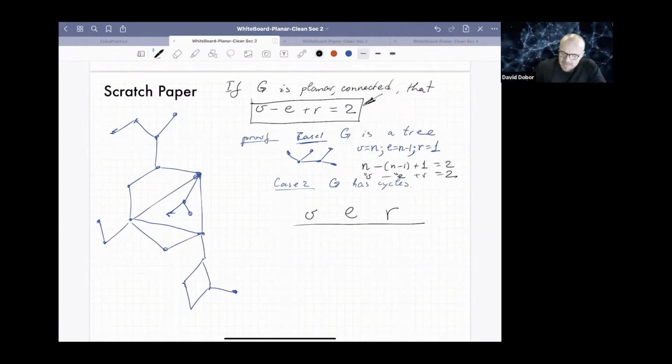Now, what happens when I remove an edge along a cycle? Is it clear what I mean by along a cycle? Pick any cycle, just pick any edge out of it.